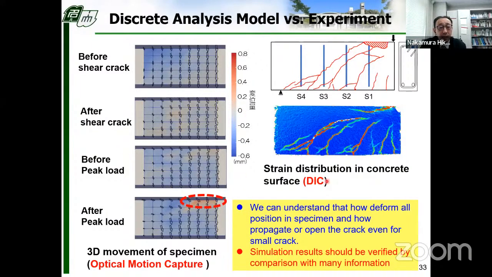We can understand how all positions deform three-dimensionally, and how even small cracks propagate or open at all loading stages, not only at the peak, and not only after the test. At all loading stages, we can get a lot of information. Therefore, the simulation result should be verified by comparison with much information.